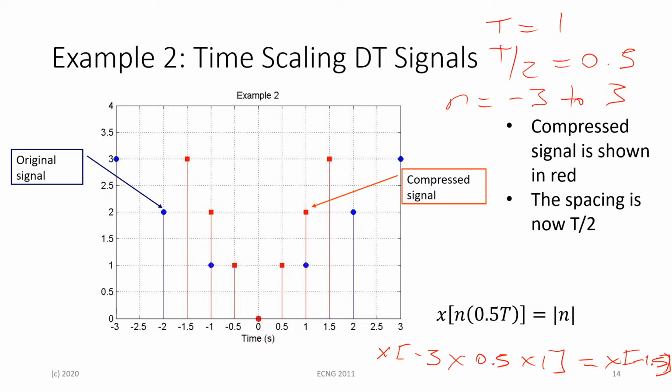And then because we know this is going to be modulus of n, the modulus of -1.5 is just going to be 1.5. So in compressing our signal, we basically affect the sampling time.